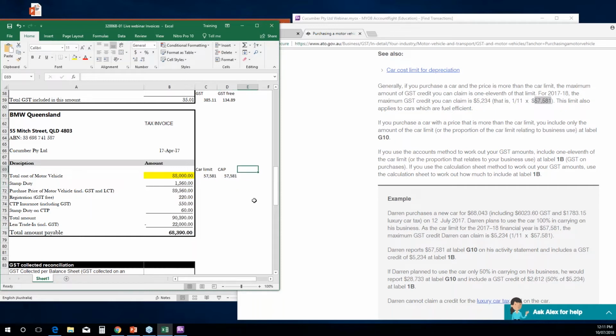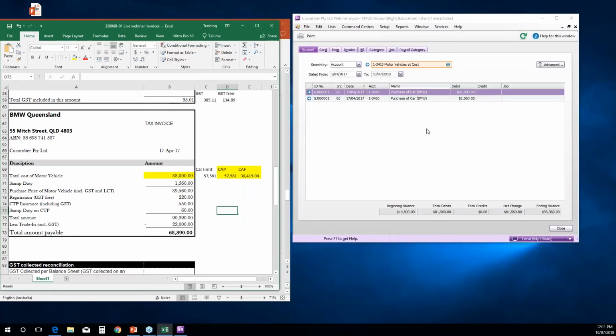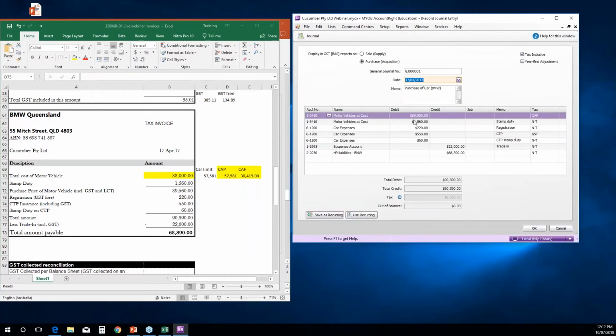Then the excess over 57,581 will have CAF tax code, which is 88,000 minus 57,581, which is the 30,419.